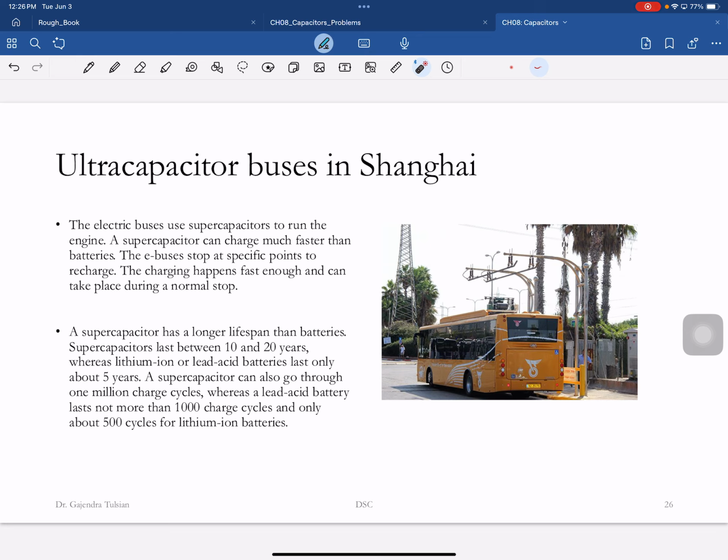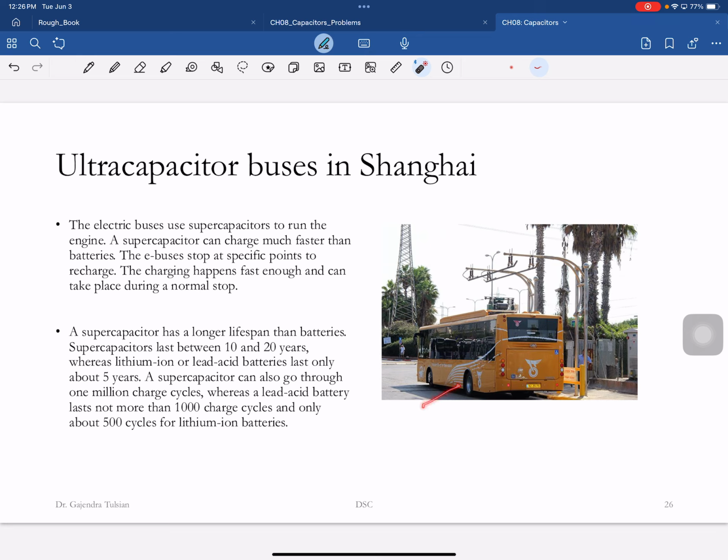And not only that, supercapacitors last 10 to 20 years. Whereas a lithium-ion battery has only about 5 years. Lithium ions can be charged and discharged 500 times. Capacitors can be charged millions of times. So they're indestructible.